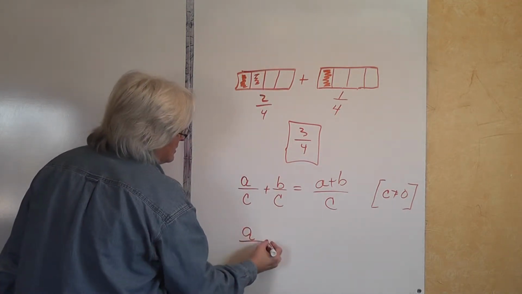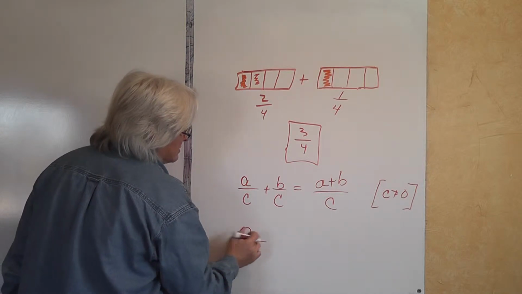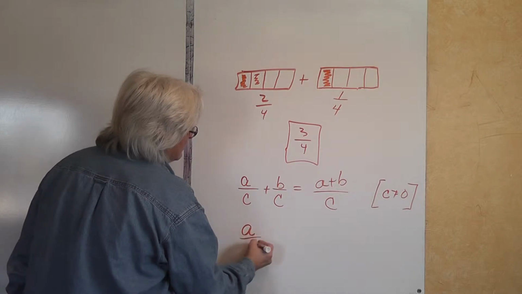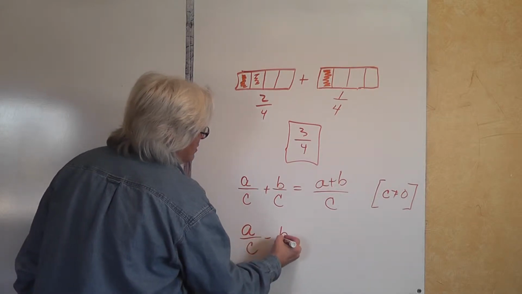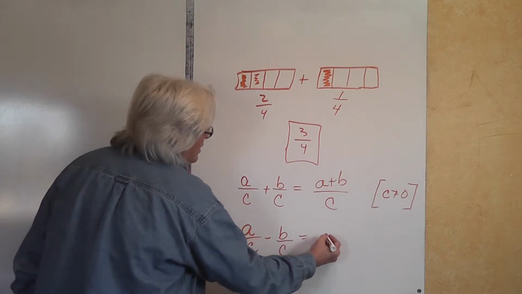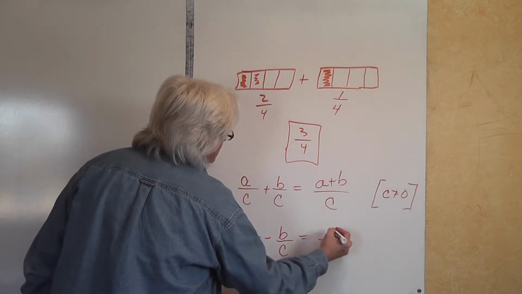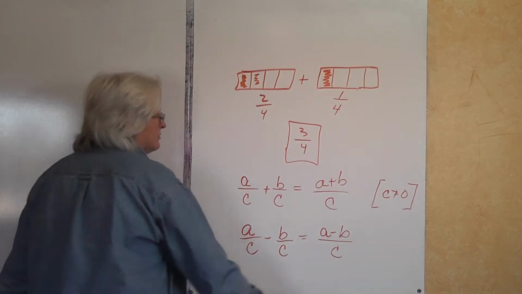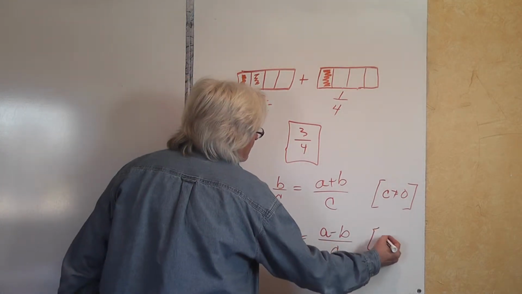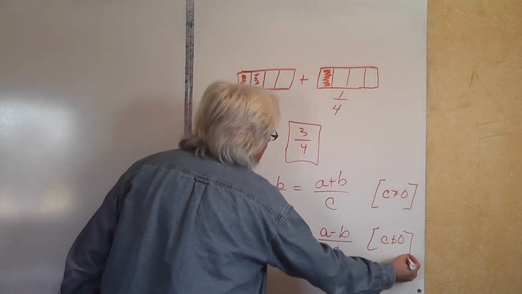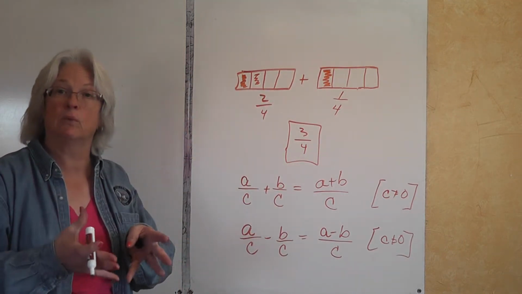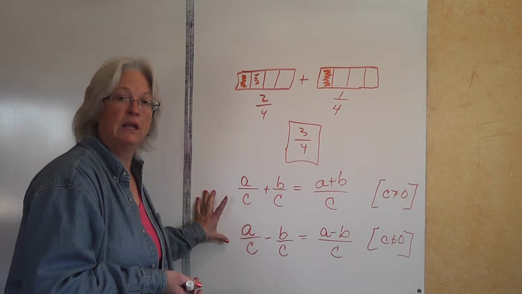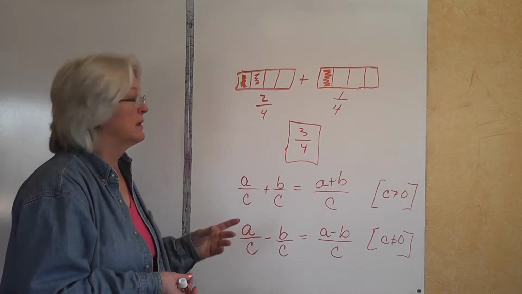If you have two rational numbers with the same denominator and you are subtracting them, all you need to do is keep that same denominator and subtract the numerators. And of course C can't be equal to 0, because you're still dealing with a fraction and you cannot divide any number by 0.